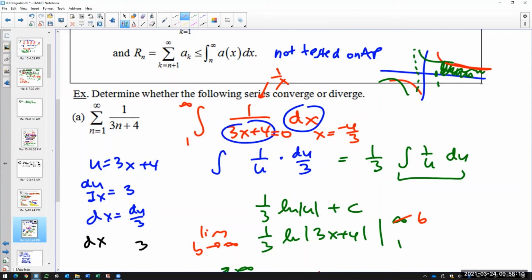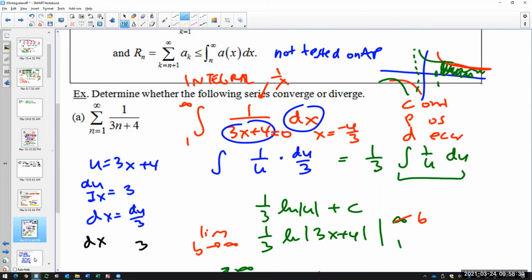The way I remember it is that integral looks a lot like interest, so compound interest. CPD: continuous, positive, and decreasing. Those are the 3 things you need to memorize for the integral test.